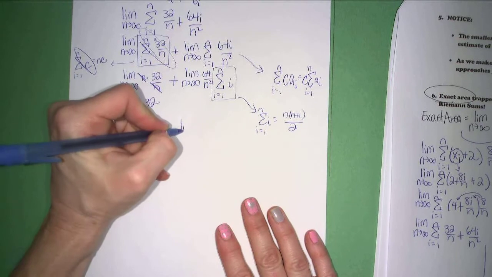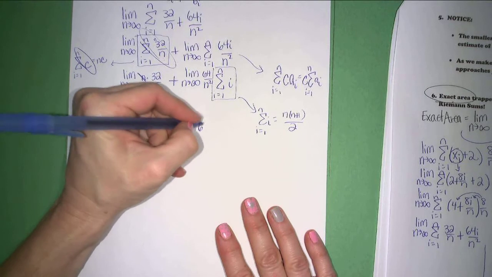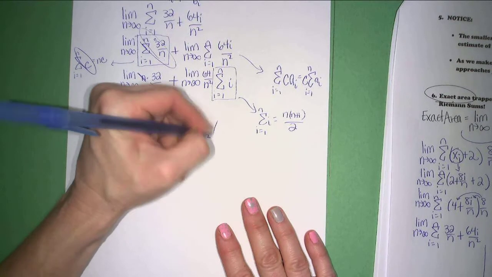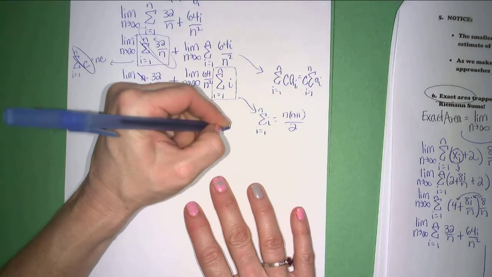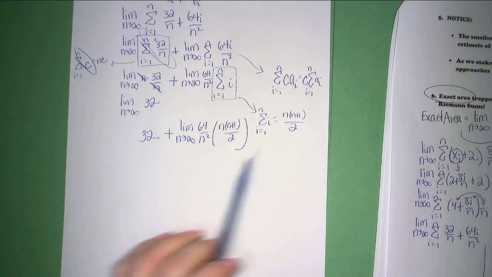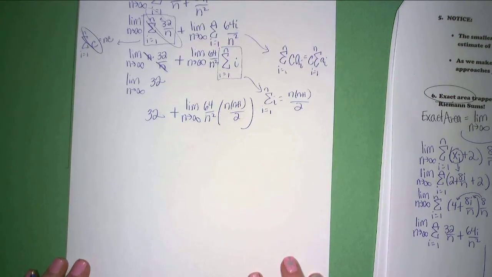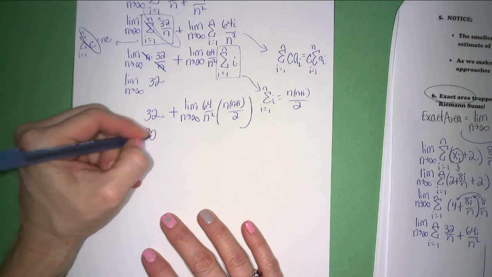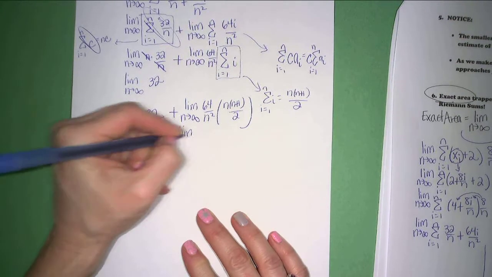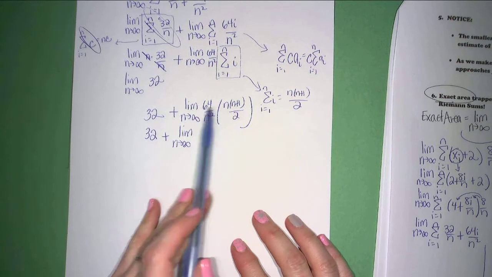So now I have the limit as n approaches infinity of 64 over n squared times n plus 1 all over 2. And really, all that's left is a limit, which is taking us all the way back to chapter 2. So I just have to clean it up with a little bit of algebra. So I'll bring this 32 down, recopy my limit. I'll probably take n and distribute it in here.